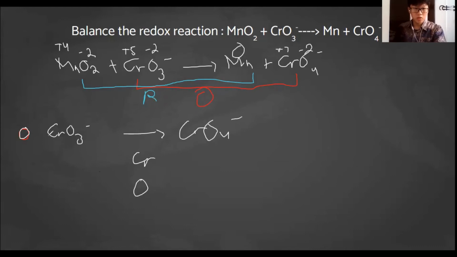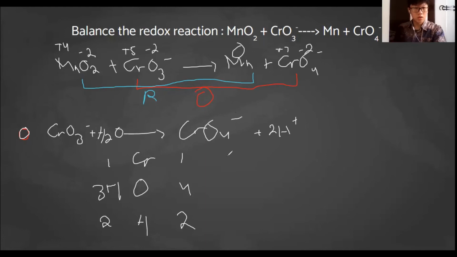Okay. So here we have equal 1 to 1 on both sides, and for the oxygen, this one has 3 and this one has 4. So we need to add one more oxygen on the left side. So we add 1 H2O. So this will make it into 4. And since it has added 2 hydrogen, we need to add 2 H plus to balance it.